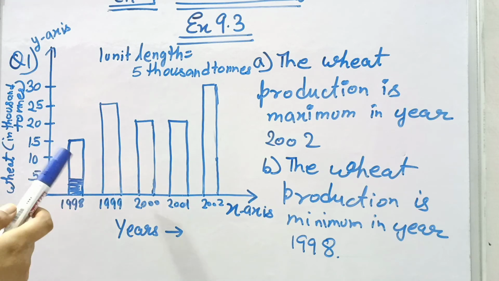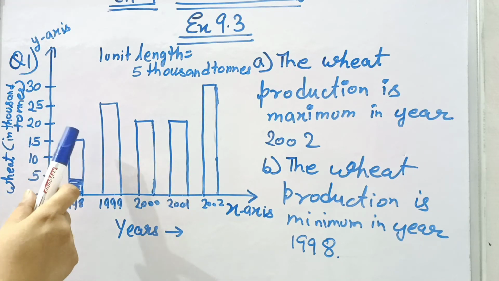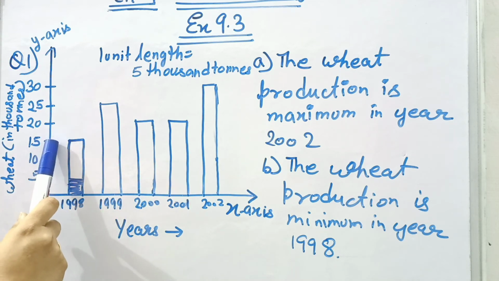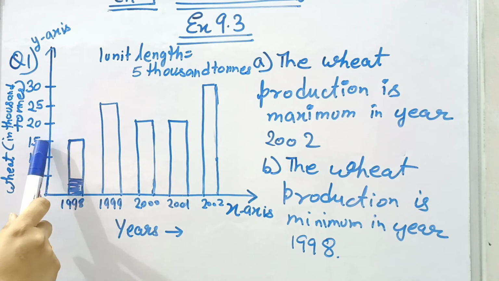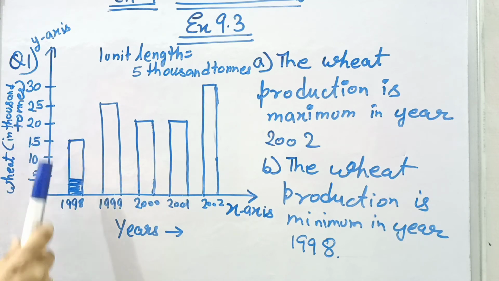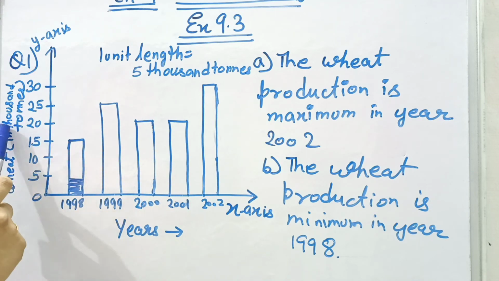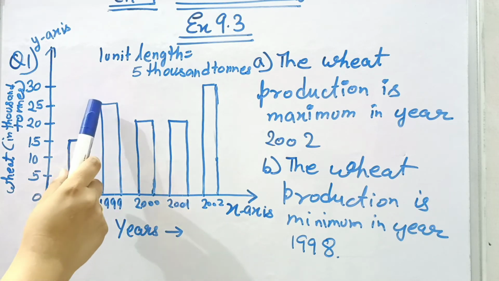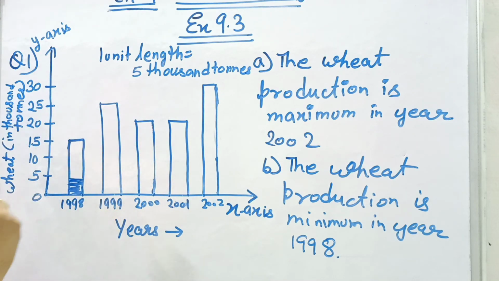Now if we need to tell exact number of wheat production in every year, then what will we do? For 1998 we can see the height of bar is going till 15 units. So that means the wheat production for the year 1998 was 15,000 tons. In year 1999 the wheat production was 25,000 tons.